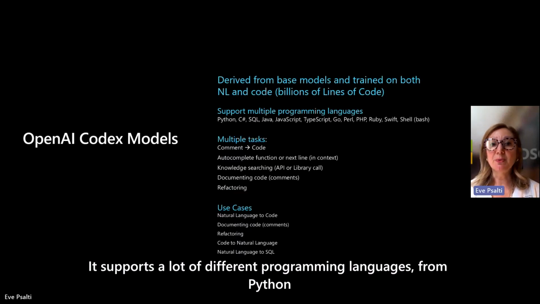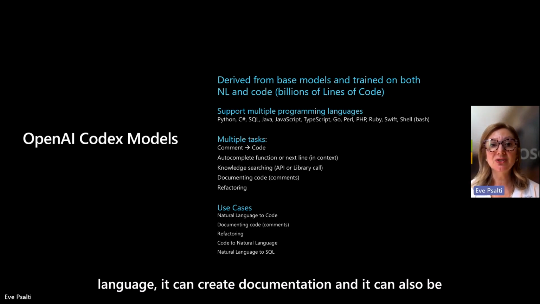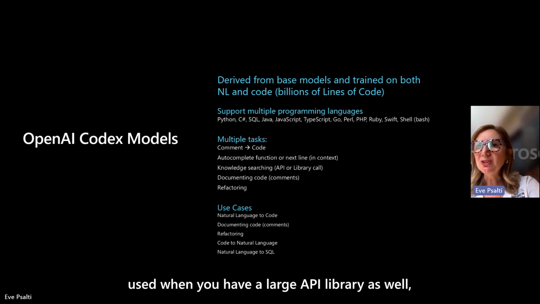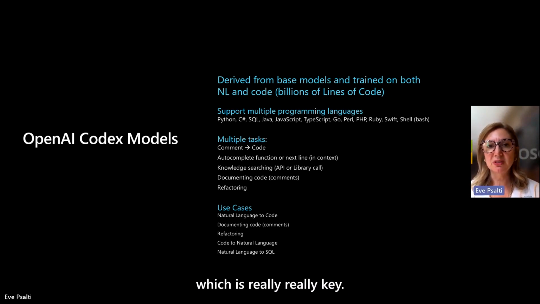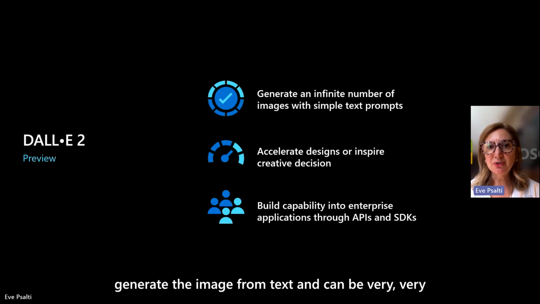It supports a lot of different programming languages, from Python to SQL, Java, etc. It can generate code from natural language, it can create documentation, and it can also be used when you have a large API library as well, which is really key.